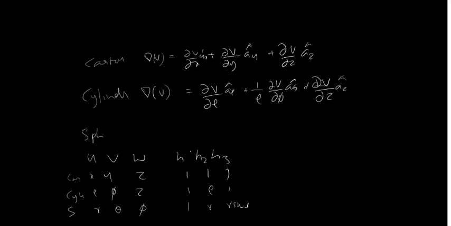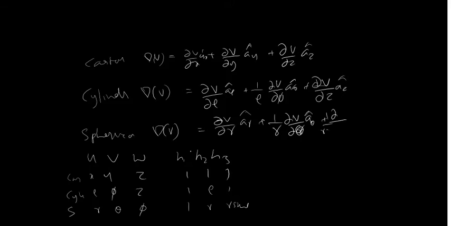And in spherical we have del V is equal to 1 by h1, that is 1, dou V by dou r, Ar cap, plus 1 by h2, that is 1 by r, dou V by dou theta, A theta cap, plus 1 by h3, that is 1 by r sin theta, dou V by dou phi, A phi cap. Okay, so this is how we are calculating the gradient in different coordinate systems.